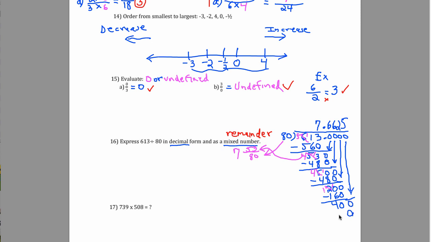And 5 times 8 is 40. And we're done now because there is no remainder. So the decimal answer is 7.665. And once again, I cannot stress enough the importance of learning your multiplication tables. Learn your multiplication tables.